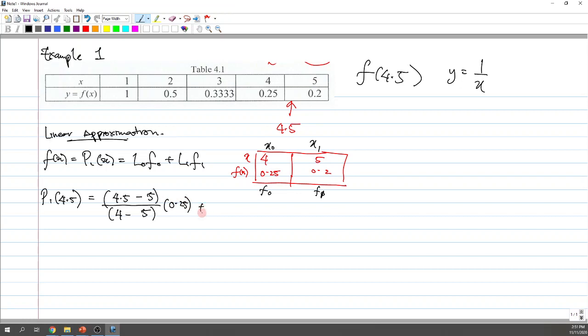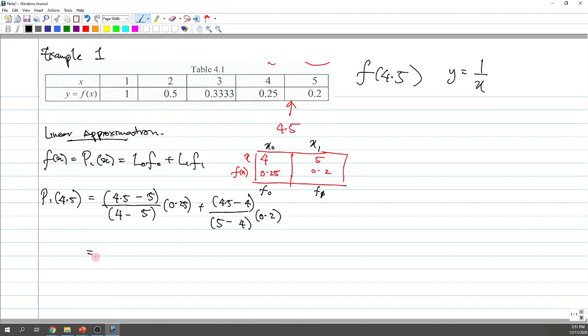Then plus 4.5 minus x0, which is 4, divided by 5 minus 4, times 0.2.